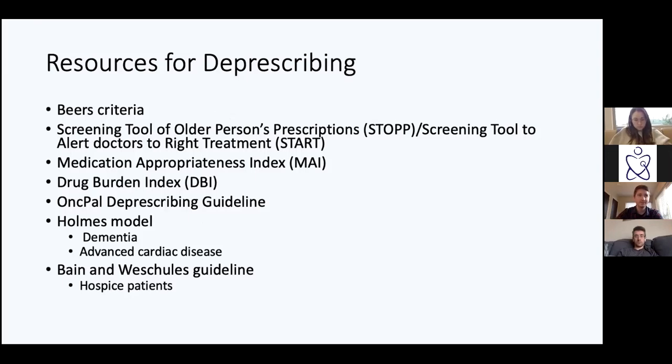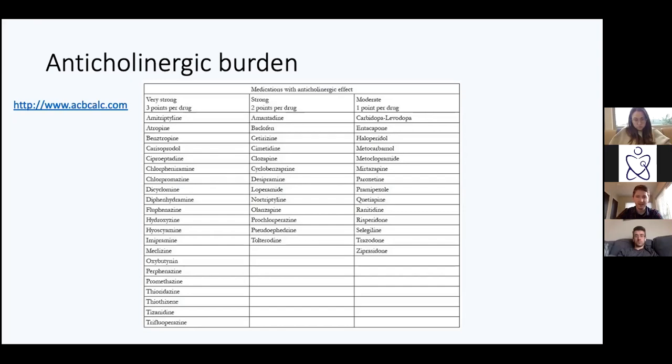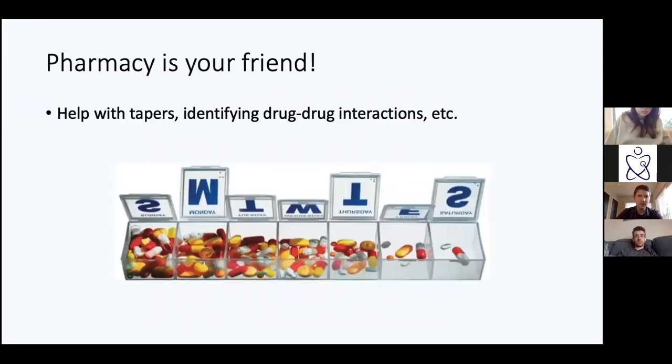I think Andrew maybe mentioned the anticholinergic burden. So acbcalc.com can actually quantify how much anticholinergic burden somebody has. So here's a nice list. And use pharmacy. They're great help in this regard. They're so valuable.